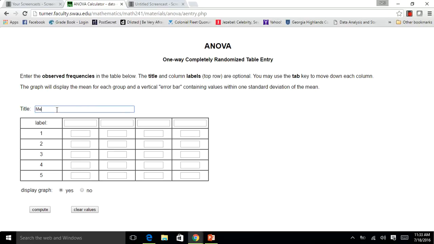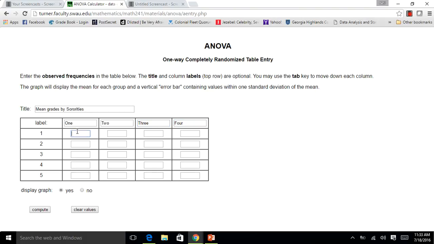All right, so these are mean grades by sorority. I'm just going to put 1, 2, I'm going to save myself some time, 3, 4. So here I go.